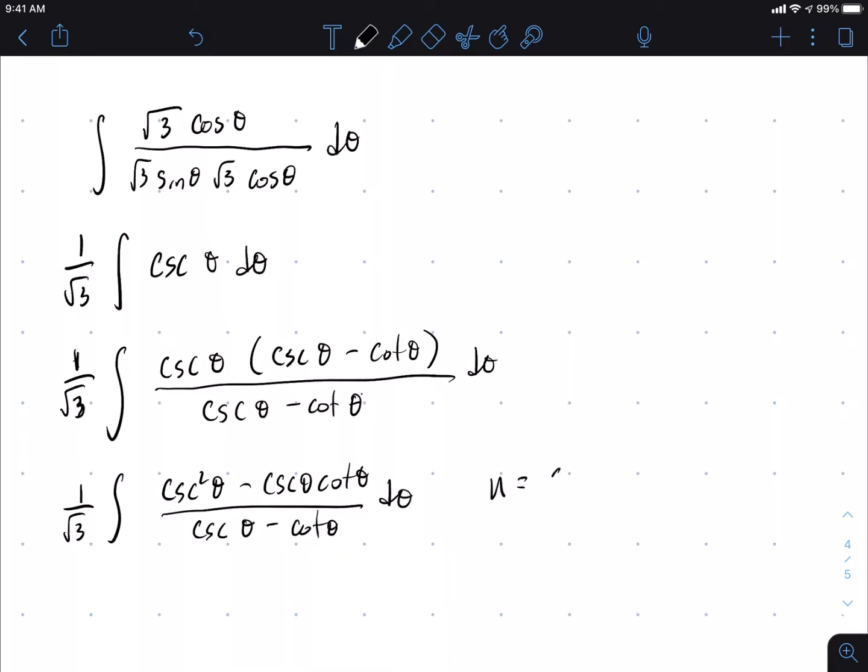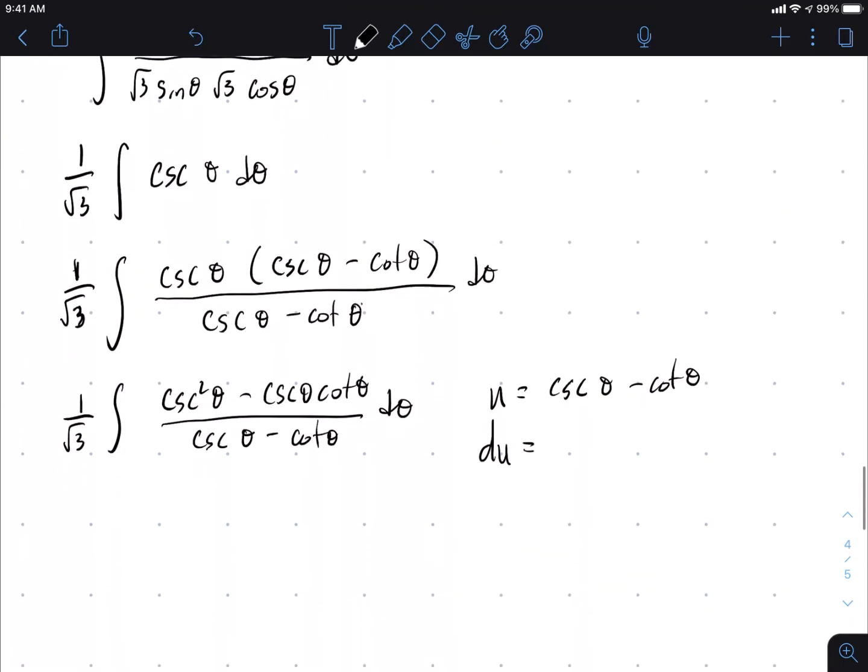My u is going to be the denominator. So the derivative of cosecant theta is what? Negative. It's a negative what? Cosecant theta cotangent theta.